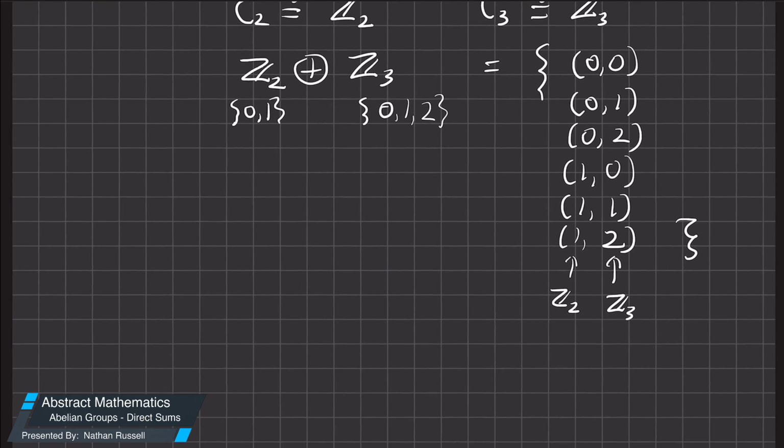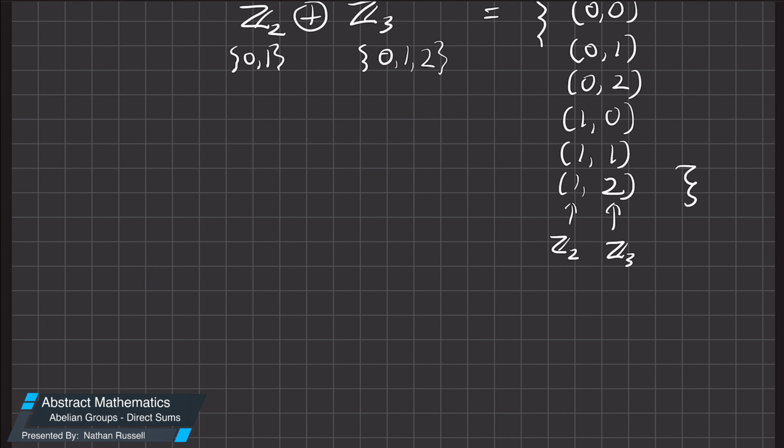Okay, now how do we do this? Well, let's suppose that we want to take something like (1,1), and I want to add it to, let's suppose, (0,2). All right. Well, what we do is we do the operation component-wise. I'm going to add these two components, but the operation will follow Z mod 2. And then I will add these two components, except this operation will come from Z mod 3.